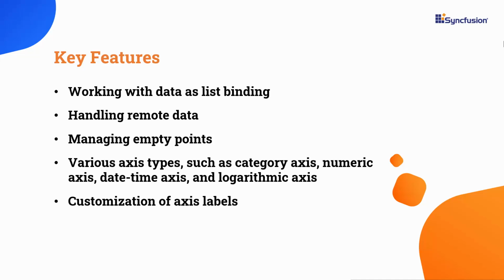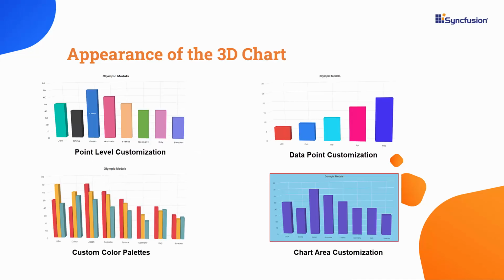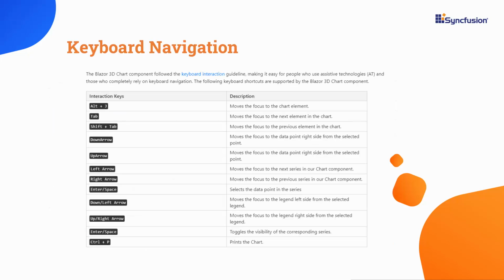Additionally, you can customize axis labels. Moreover, the appearance of the 3D chart can be customized, including custom color palettes, data point customization, point level customization, and chart area customization. Another important feature is keyboard navigation support.